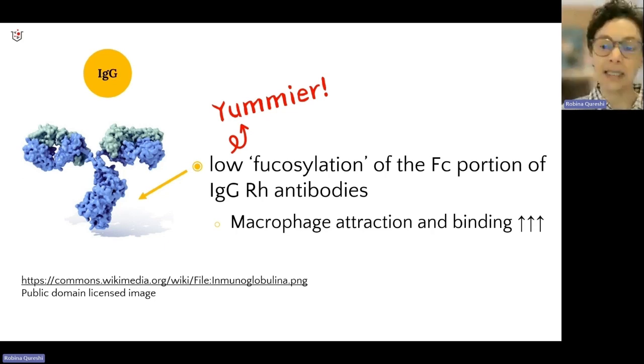And this is something that they actually use when they're making monoclonal antibodies. So for treatment in patients, they make sure that they are afucosylated so that they are more attractive to macrophage attention. So it's quite interesting, I think. So it is known that Rh antibodies have very low fucosylation of their Fc portion.